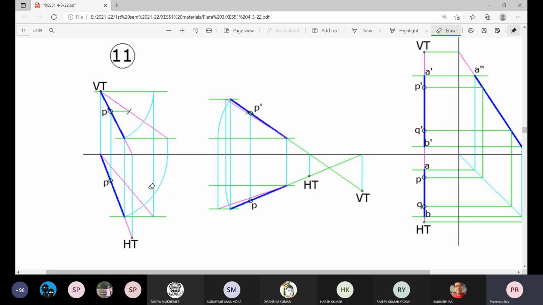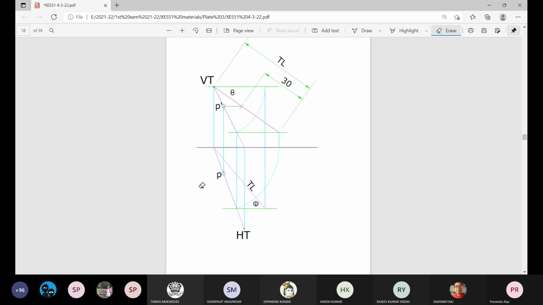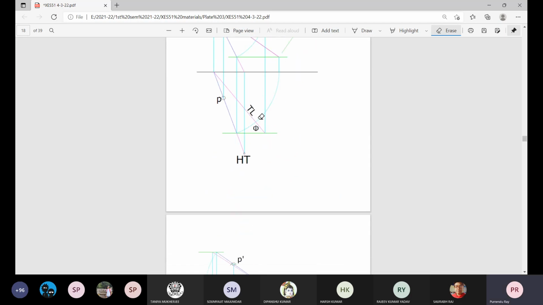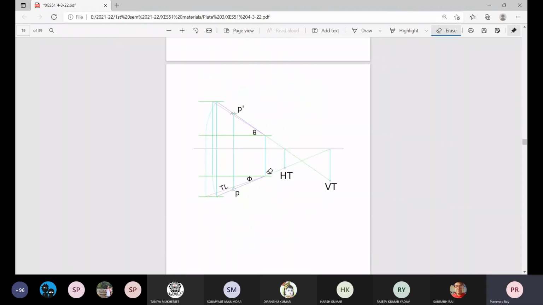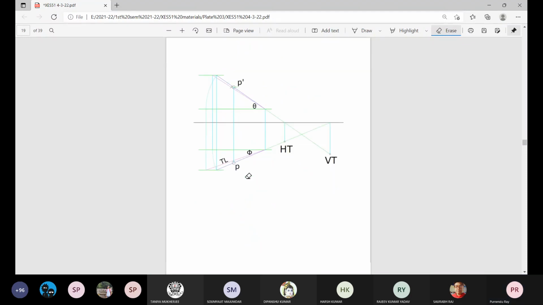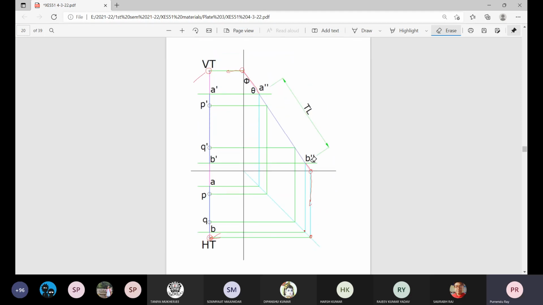That's all. This is just an enlarged view. This is the second part, 11B, and that is 11C, parallel to the profile plane.